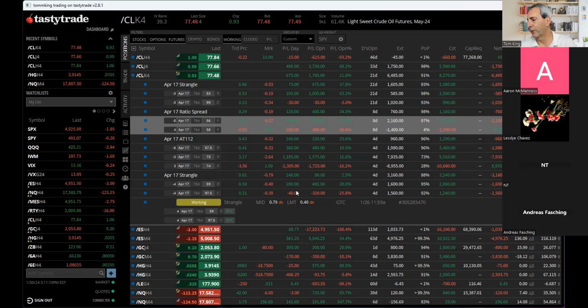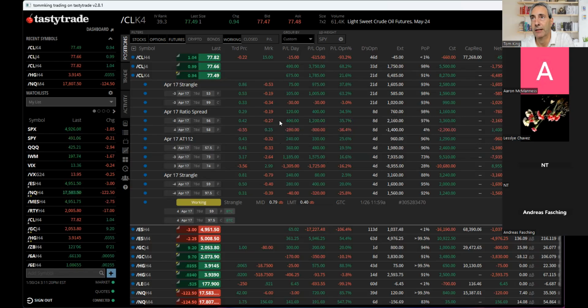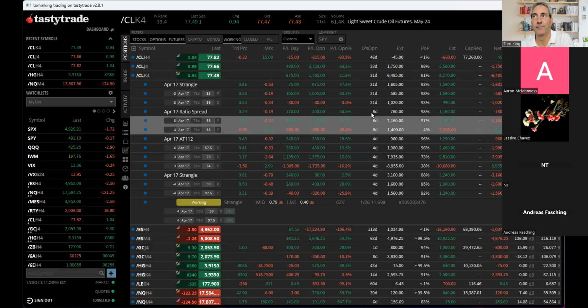Okay, well, no, it's 4% a day. So I'm getting 4% a day on this ratio spread here. I think it's probably a good opportunity to close this one out. If you've already made 35% in 8 days, and 50% is my goal, why not take it off? 34 divided by 8 is over 4% a day.